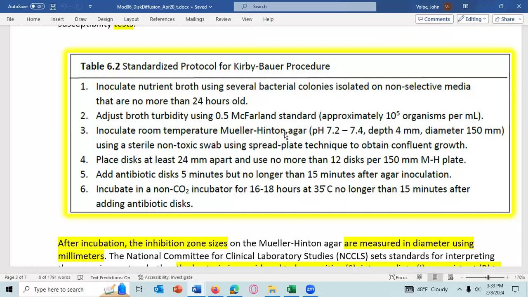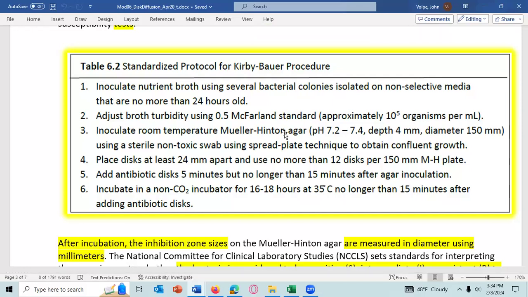Furthermore, the agar in the plate is always a depth of 4 millimeters. The deeper the agar, the slower the chemical or antibiotic can diffuse through the agar. So the depth of the agar does affect the size of the zone of inhibition.